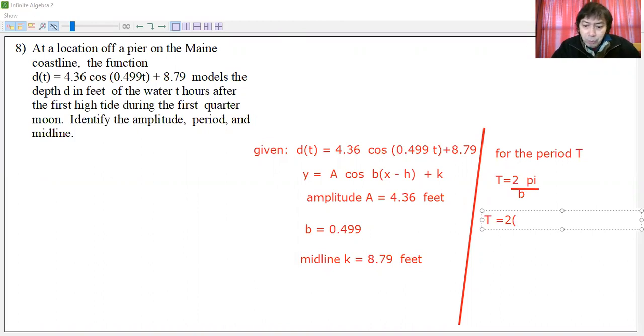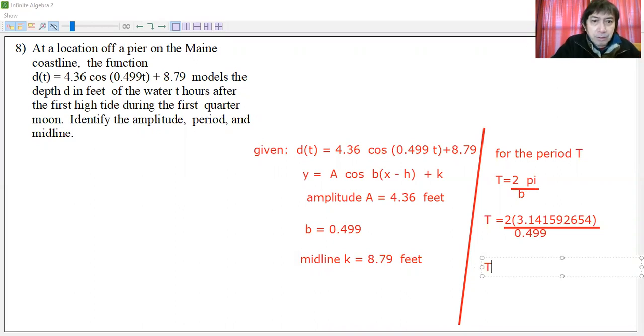Pi is equivalent to 3.14. And then we shall divide this by the number b, in this case 0.499. This will be our divisor. And these are pure numbers. We shall compute and determine the answer for the period in hours.